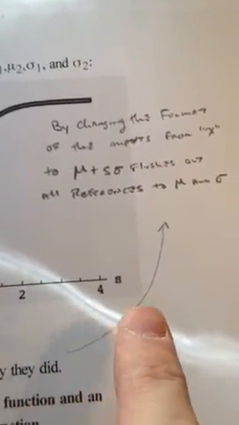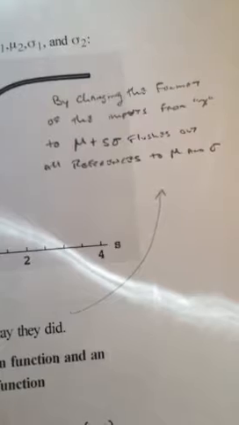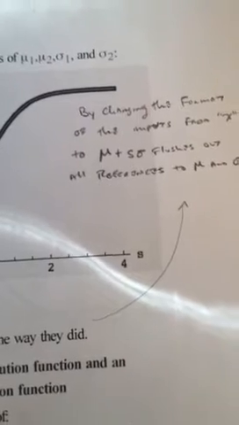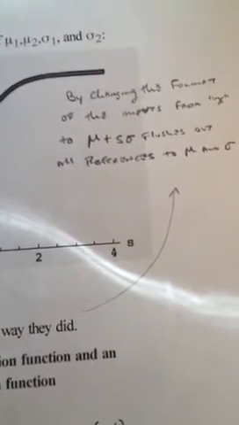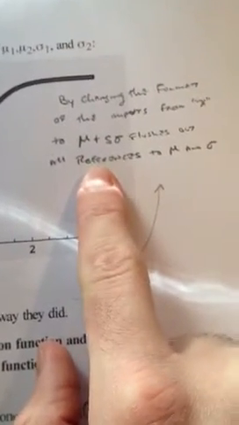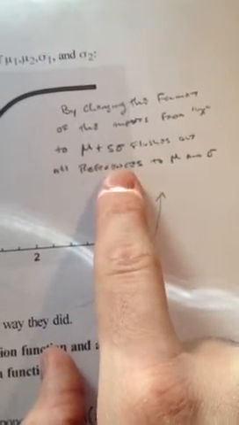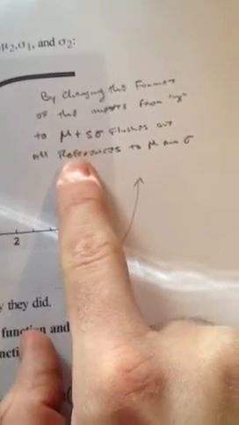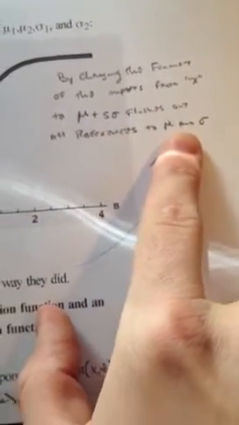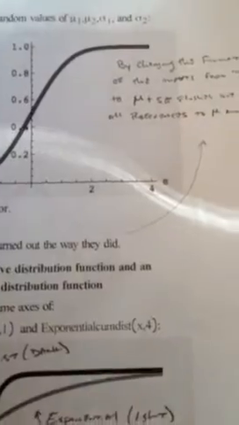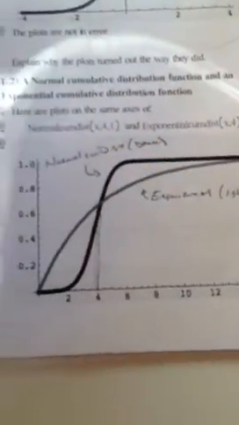When we change the format of the inputs and take the x out of the equation, so it's no longer x plus mu and sigma, and we put in mu plus x sigma, that's flushing out, as we've termed it in our homework books, the x from that equation. That takes out the references to mu and sigma, which gives us a more standard graph.